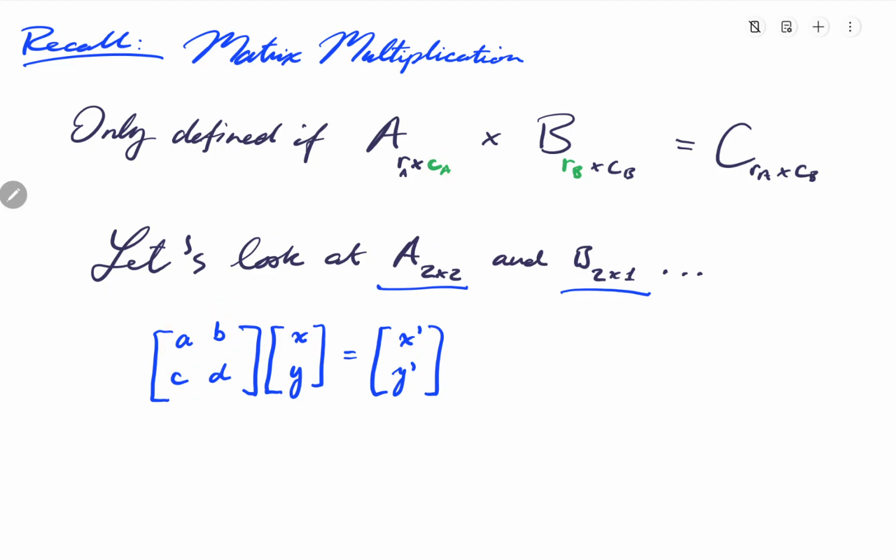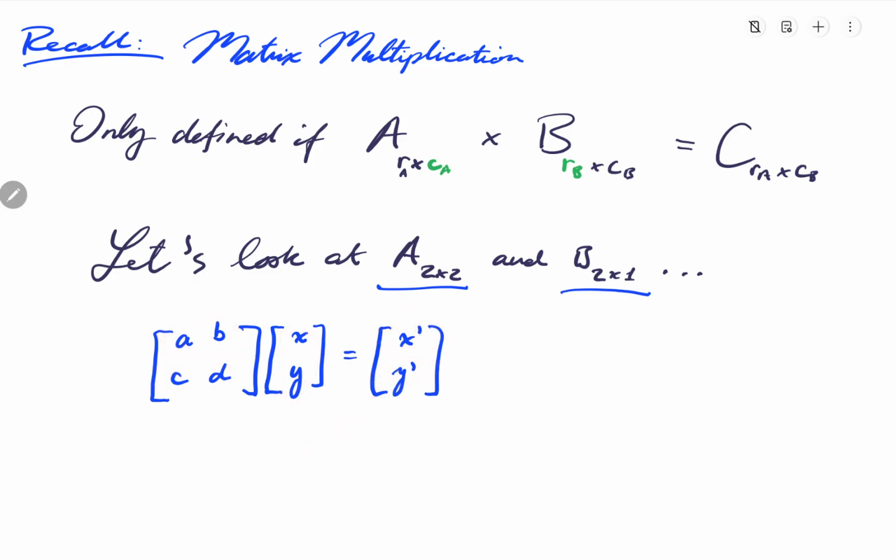And the number of rows in our second matrix, 1, 2, are the same, which means that our product will be defined. And also, if we look at the number of rows in our first one and the number of columns in our second one, we have 2 rows in our first one and 1 column in our second one. That means that our product has 2 rows and 1 column.